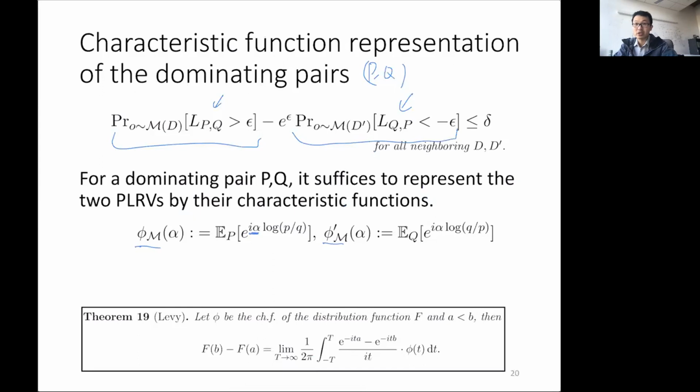And the numerically efficient way of doing it is through the Levy's theorem, which allows us to calculate the CDF of a particular random variable by doing an integral of its phi function. And this is not always analytically tractable.